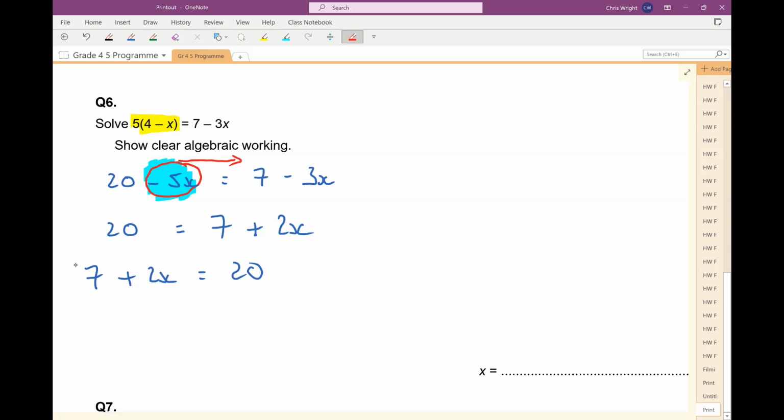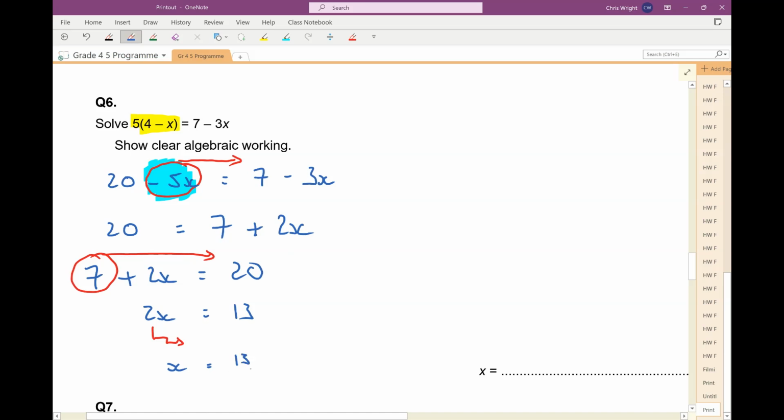Right, let's float and ping that 7, shall we? Gives me 2x equals 20 minus 7, 13. Escalate down the 2. X equals 13 over 2, which on my calculator is 6.5.